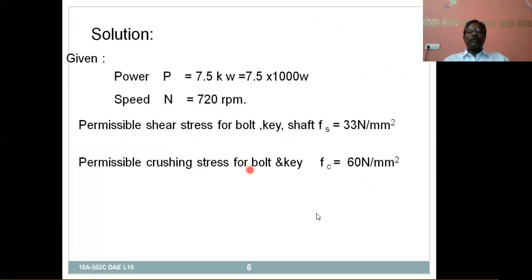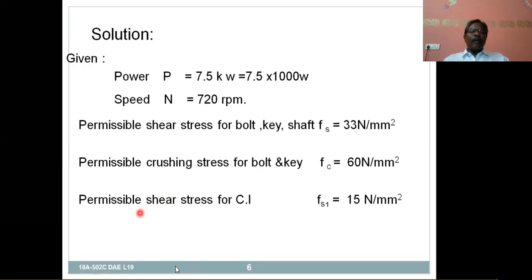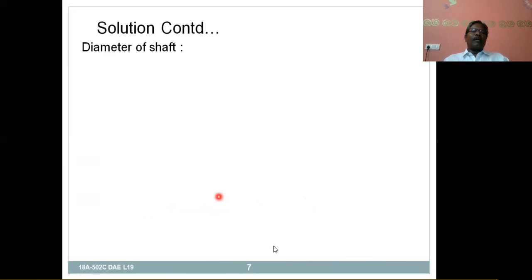Permissible crushing stress for bolt and key Fc is equal to 60 Newton per mm square, and permissible shear stress for cast iron, that is for hub as well as the flange, Fs1, is equal to 15 Newton per millimeter square. So now let us first of all find the diameter of the shaft by using the power formula and torque formula.